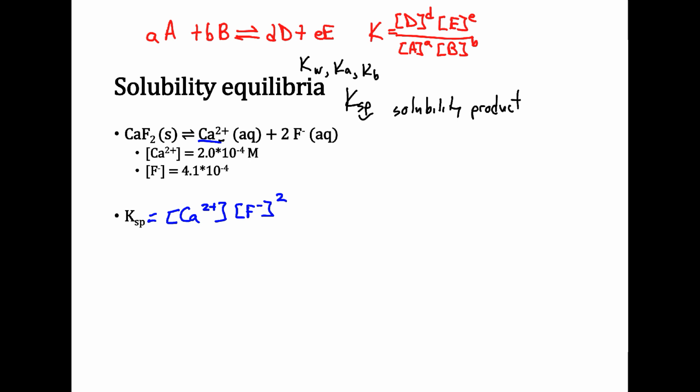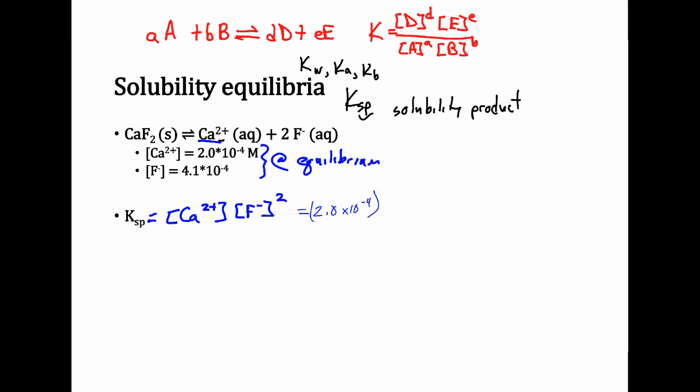So here I've given you some data at equilibrium. We could actually calculate the solubility product constant for this. We could plug into our equilibrium expression here. For Ca2+, we would have 2.0 times 10 to the negative fourth.